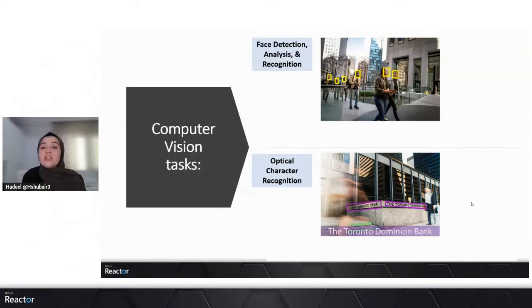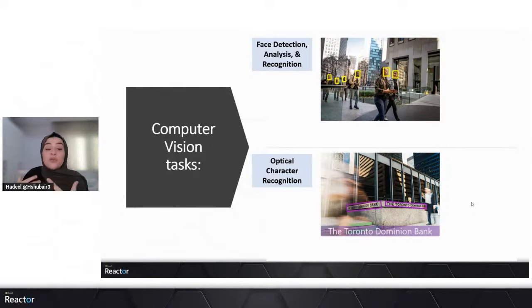Next, we have face detection, analysis, and recognition. This is where face detection is used to identify similar faces, analyze them, and even recognize them. As we know, Facebook is commonly used for this. It identifies the faces of several people and suggests who they could be.